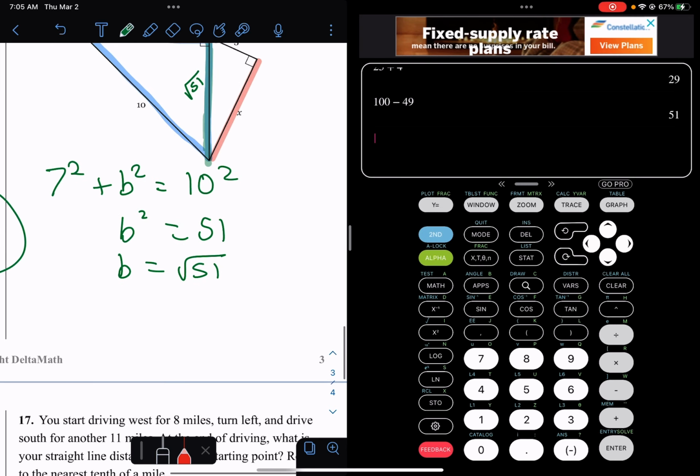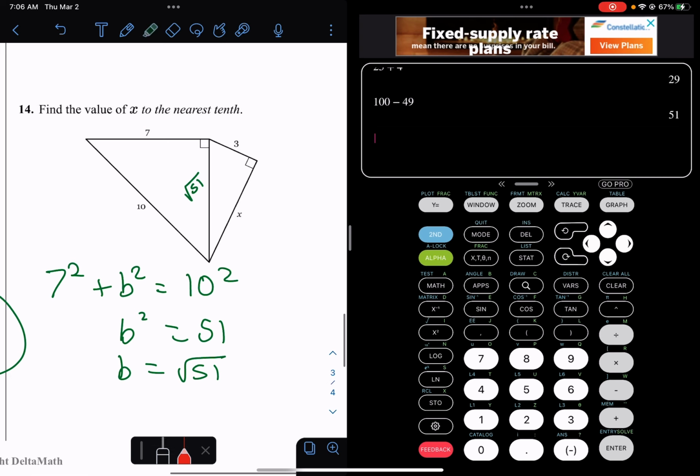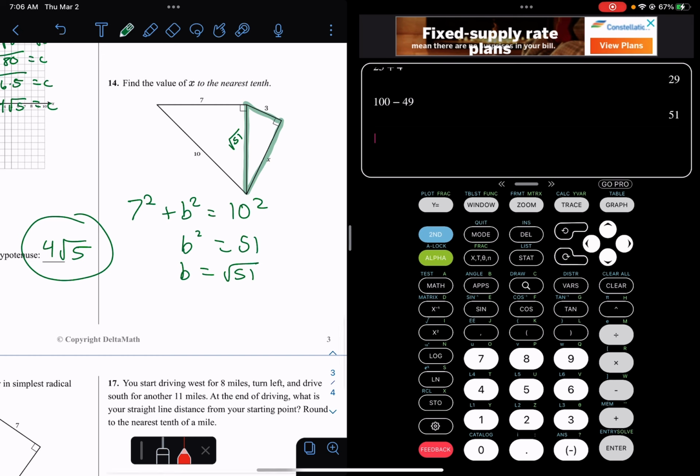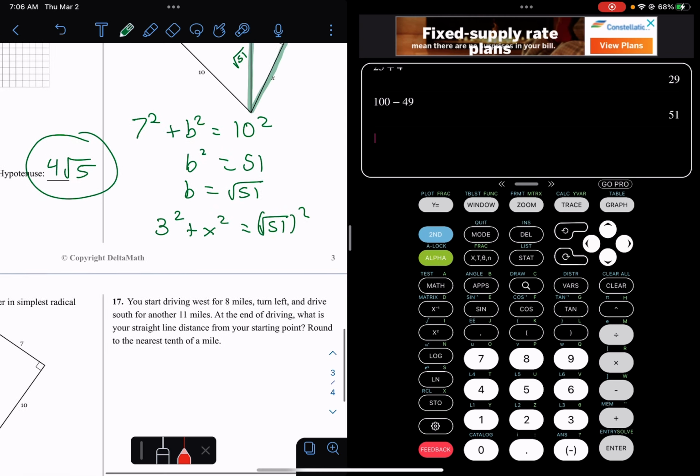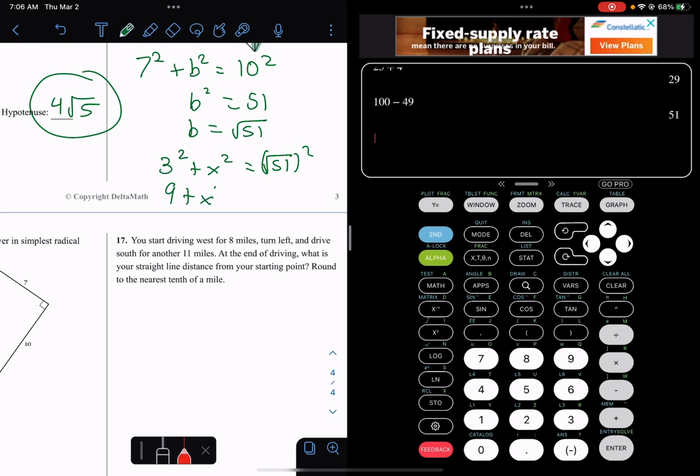All right. So now we're going to do Pythagorean theorem on this second triangle here. So we can say that 3 squared plus x squared is going to give us the square root of 51 squared. So 3 squared is 9. The square root of 51 squared is just 51. Whenever you square just a radical, the radical goes away. So then we're going to get 51 minus 9, and we get 42.